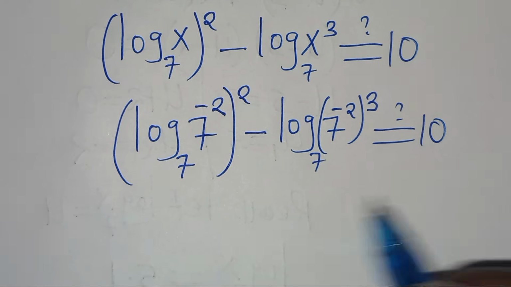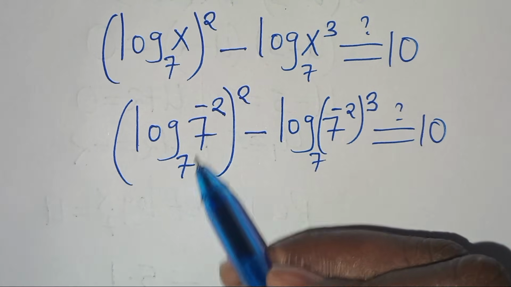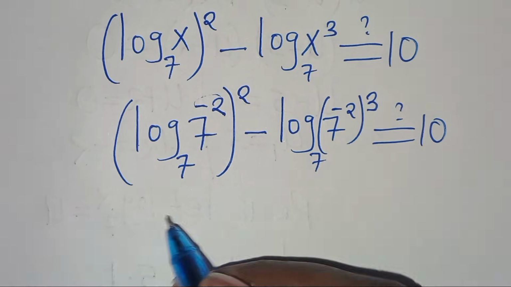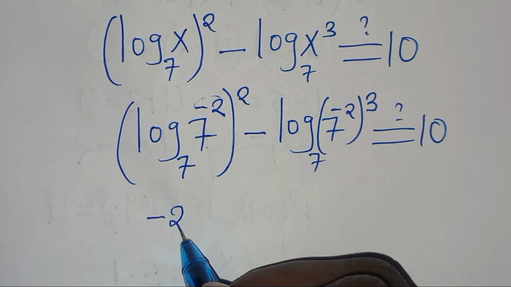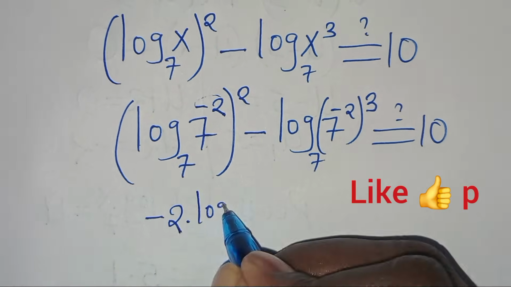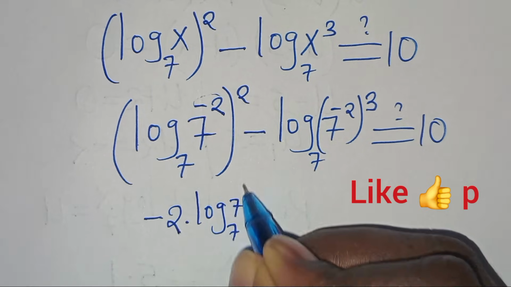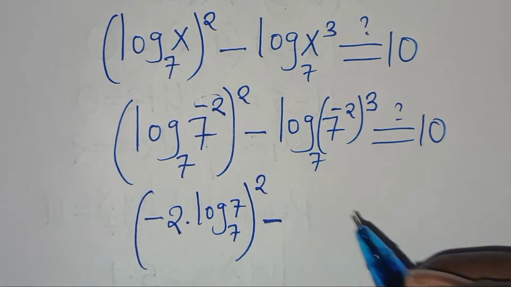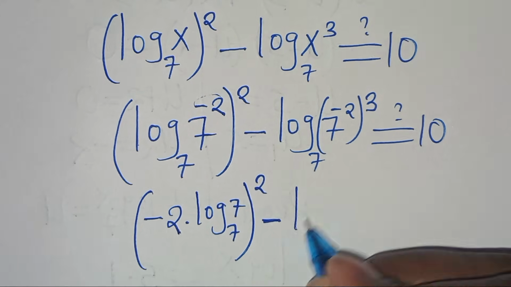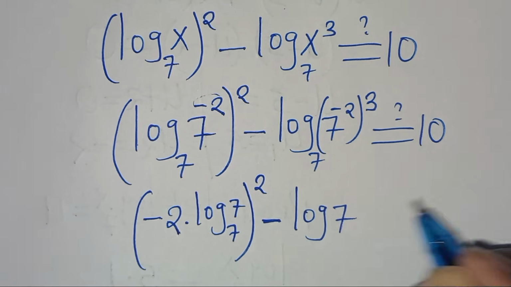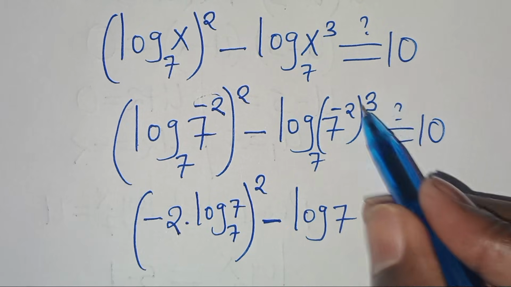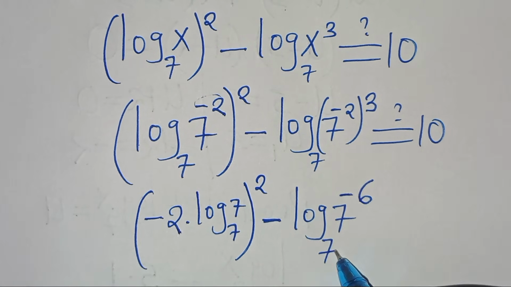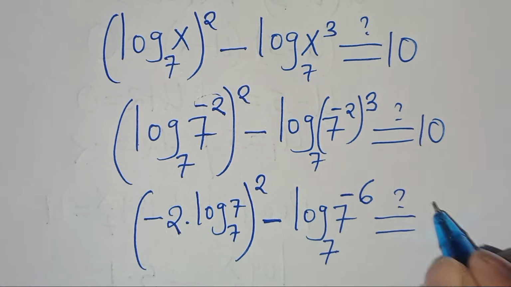Now, here we have log 7 to the power of minus 2 to base 7. Minus 2 is the power here, so we can express this as minus 2 multiplied by log 7 to base 7, then everything here raised to the power of 2, then subtract. Now, here we'll have log 7 to the power of minus 2 times 3, which is minus 6, to base 7.